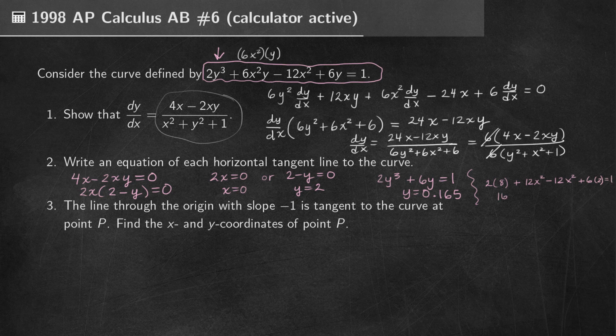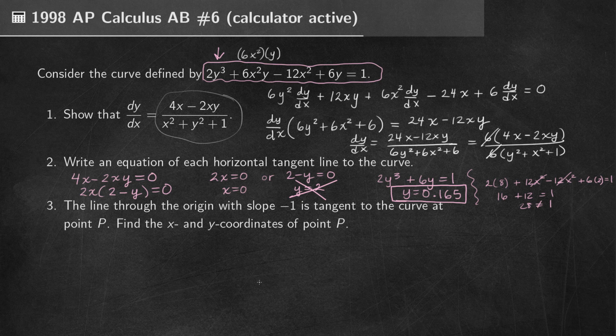So I get 16, this is 0, plus 12 equals 1. Well, we know that's not true. 28 does not equal 1. So this is actually a false solution. It doesn't satisfy our equation. It satisfies the derivative equation, but it doesn't satisfy the original equation. So the only solution to this problem is y equals 0.165.